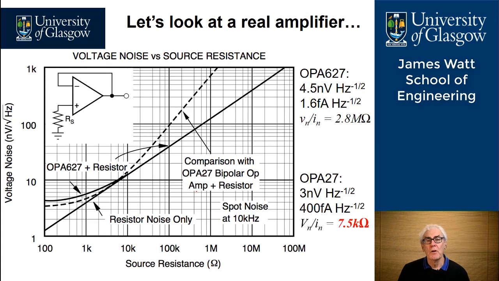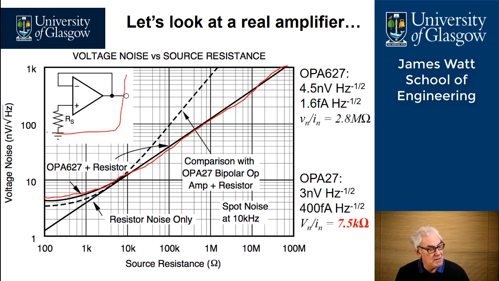So now let's go on and look at some real amplifiers. And here we've taken an extract from an OPA627 datasheet. You can go onto the datasheet, I've uploaded it onto Moodle, and you can look at the real curves. What we have here is the noise curve for an OPA627 plus a given resistance.